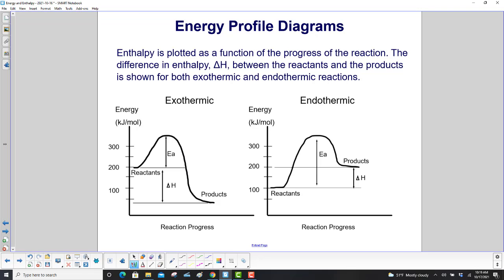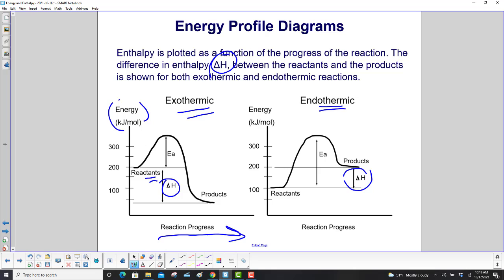Energy profile diagrams are where enthalpy is plotted as a function of the progress of the reaction. The difference in enthalpy, delta H, shown here and here, between the reactants and the products is shown for both exothermic and endothermic reactions. So we have energy plotted here on the y-axis, and the reaction progress or time goes in that direction.